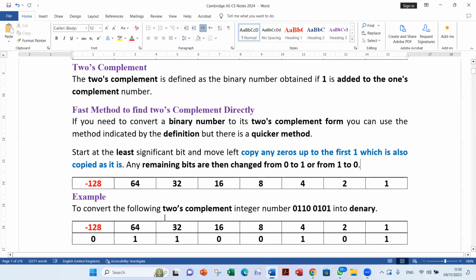We have the following 2's complement integer: 0 1 1 0 0 1 0 1. We'd like to convert it into denary.